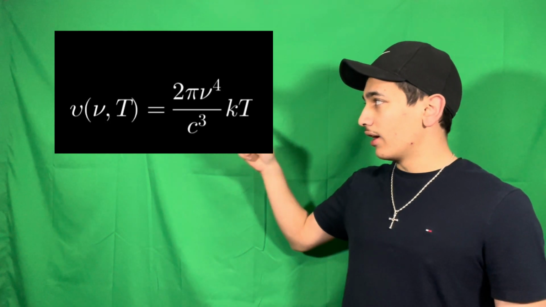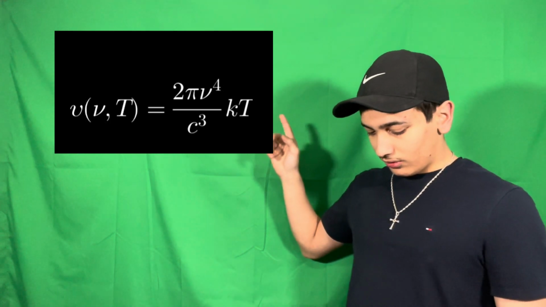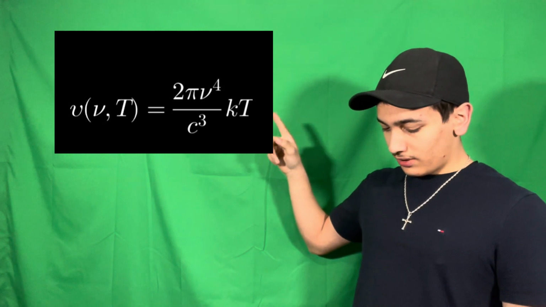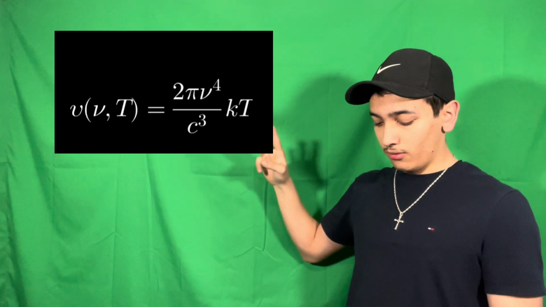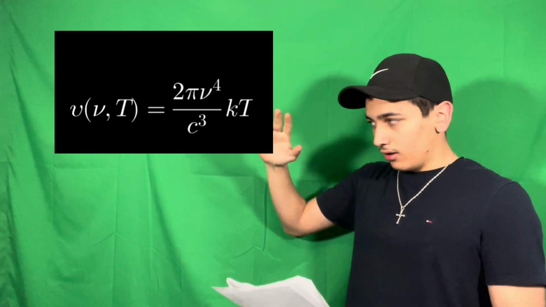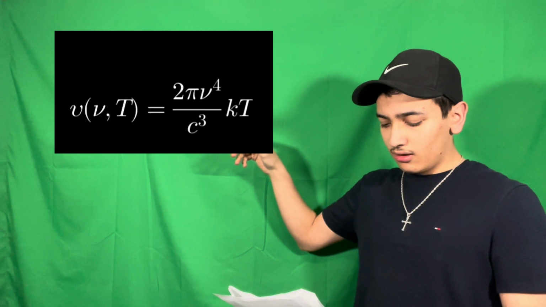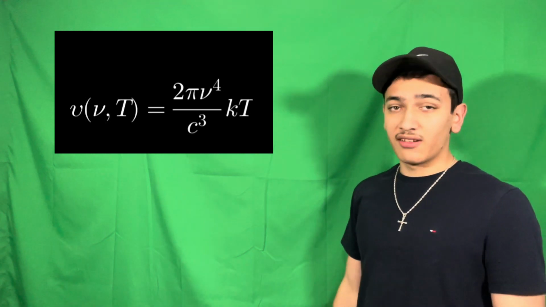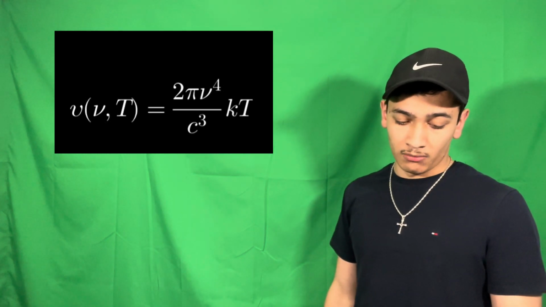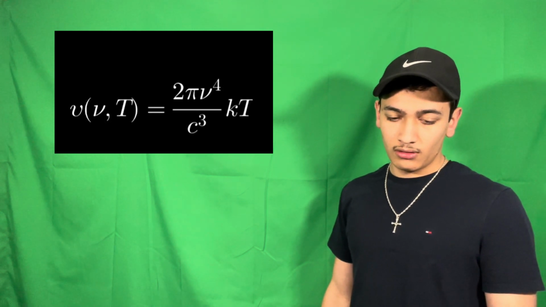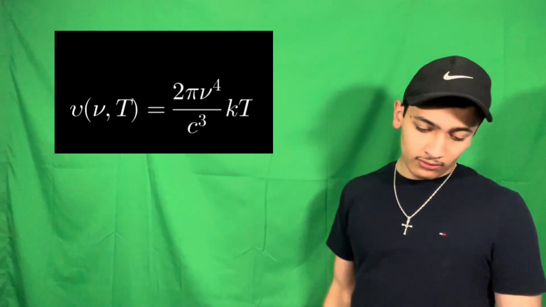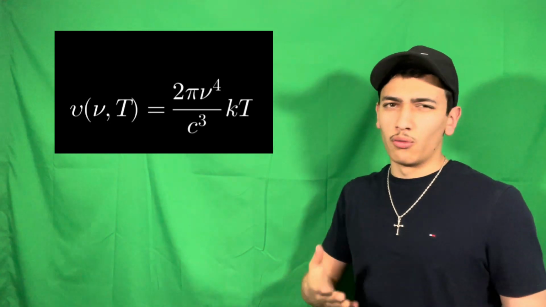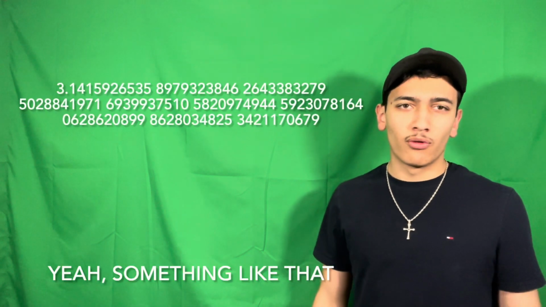Epsilon of nu and temperature equals 2 pi nu to the 4th power over the speed of light to the 3rd power, times k and T. k is Boltzmann's constant, a big number. And c is the speed of light, as you can see right there. And you know what pi is. Everyone knows what pi is. 3.141592, something like that.